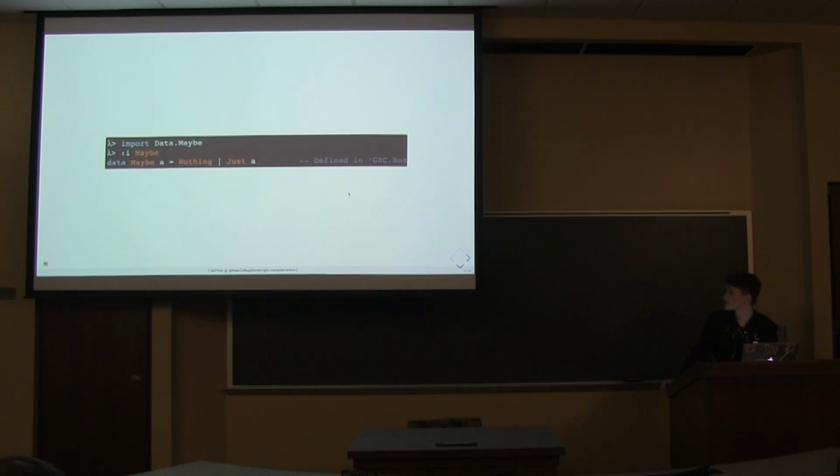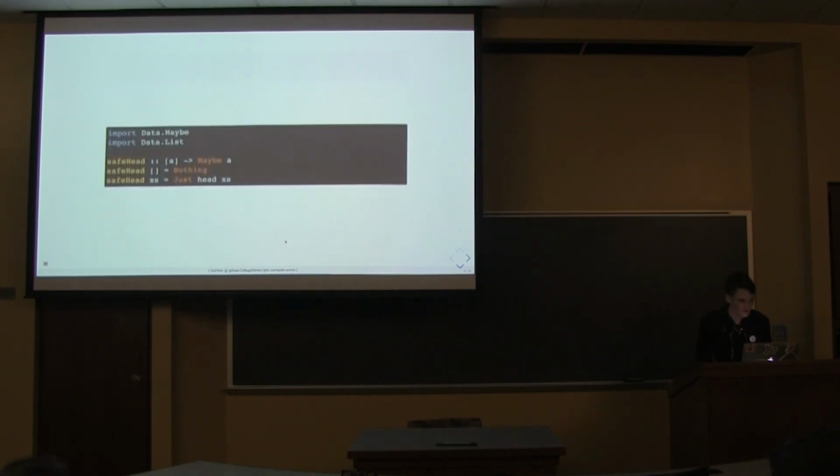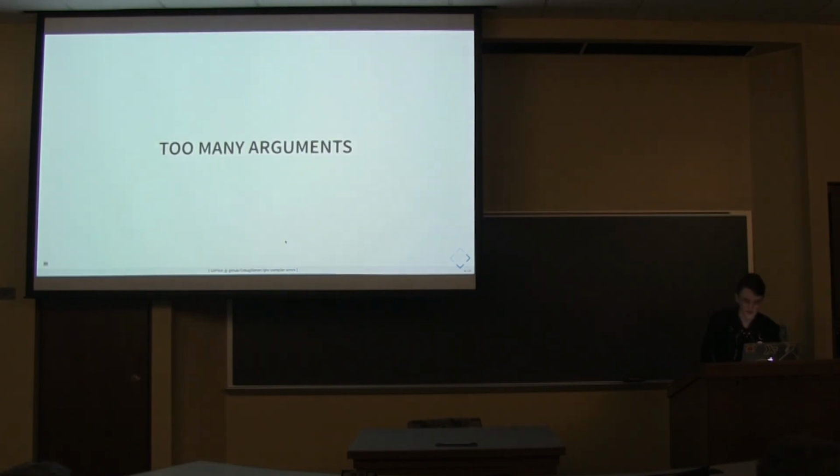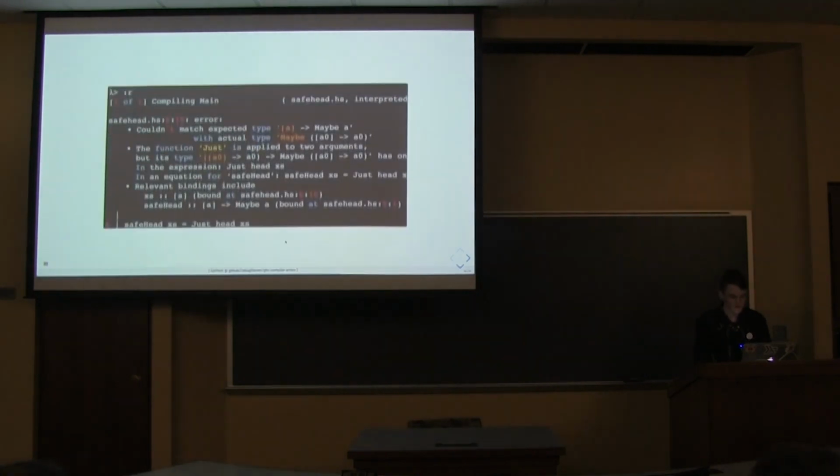You're going to use the type constructors in your type signatures, and you're going to use your data constructors in your function implementation. So we actually want to be using Just here instead of Maybe. Let's move on to the next error that we're going to get, which is too many arguments. This is really long.